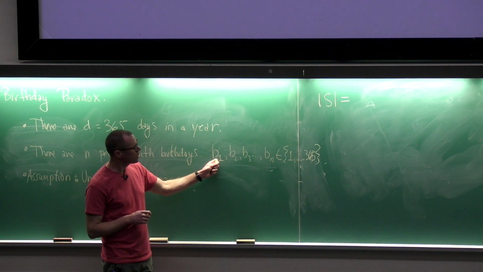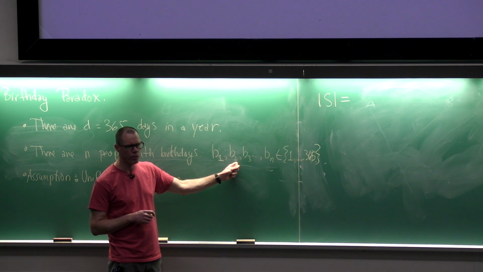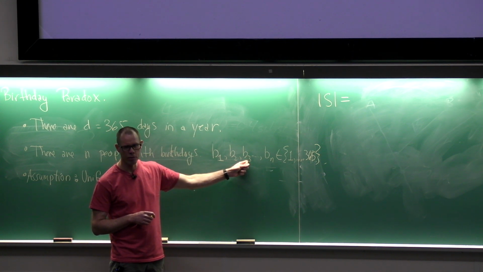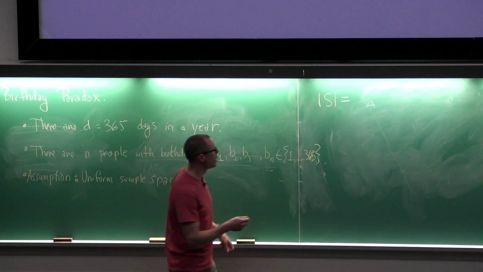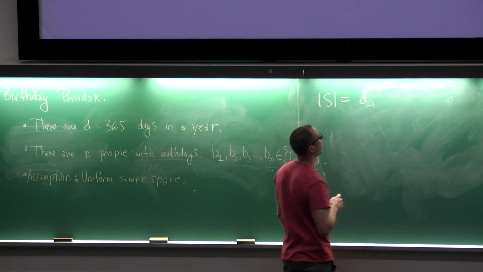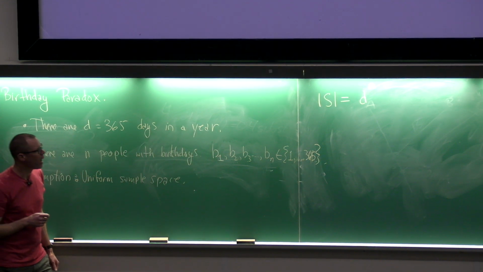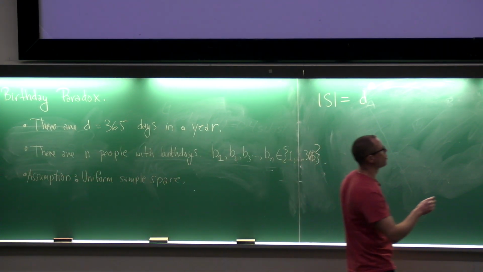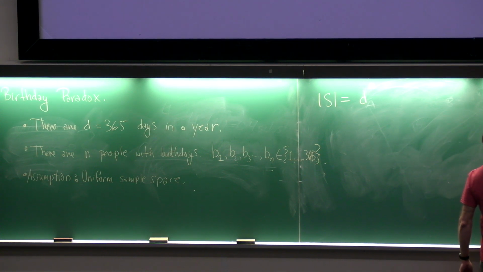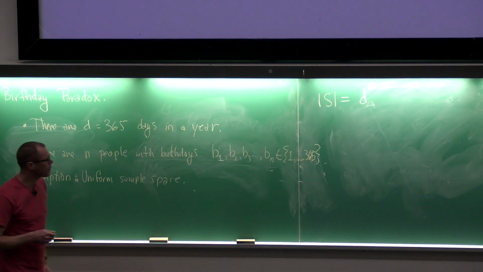So there's 365 choices for this person's birthday, 365 choices for this person's birthday, 365 for this person's birthday. So that's going to be the number of days in the year to the power n. And for us, in this room, that's 365 to the 120. Just so we have some numbers we could look at here. All right.